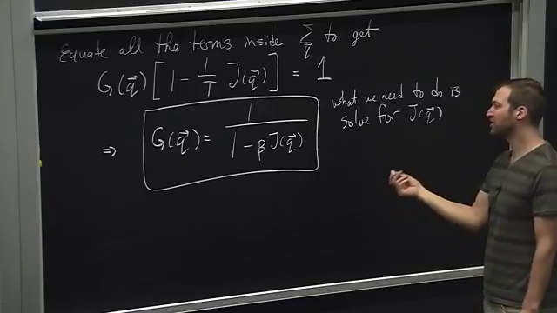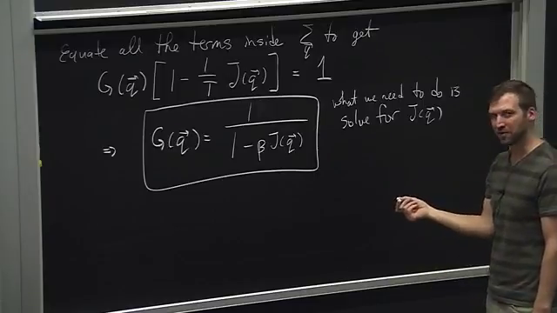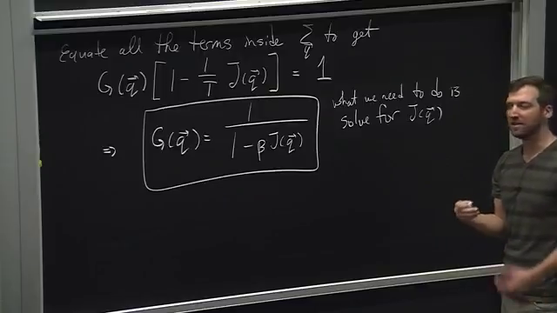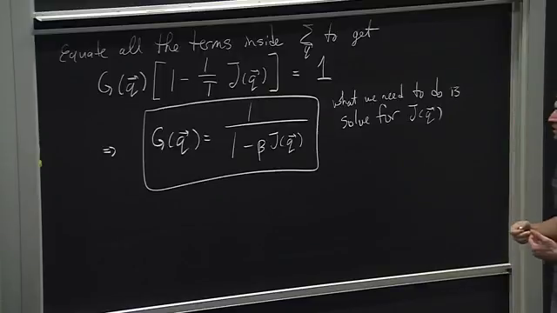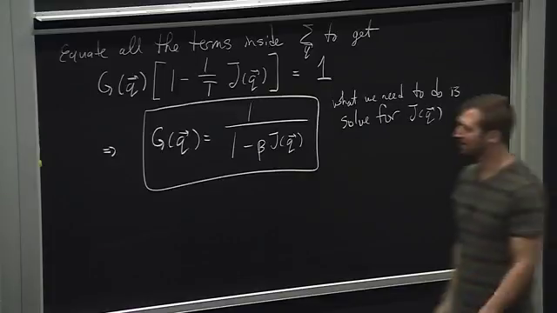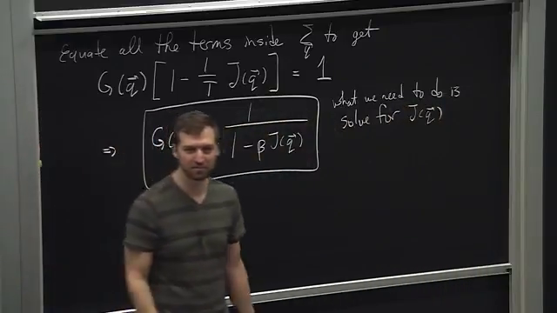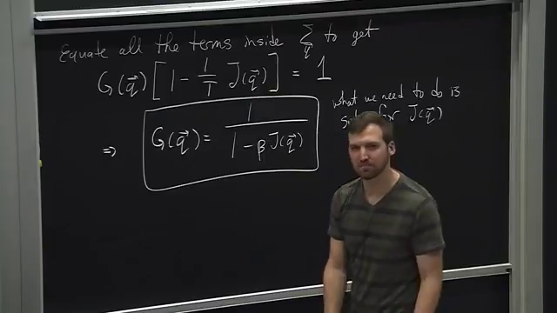The behavior we're interested in, the 2-point correlation function, in order to define the correlation length, is in the long wavelength limit. Okay? So we want to study this J of Q somehow when the distance between I and J is large.